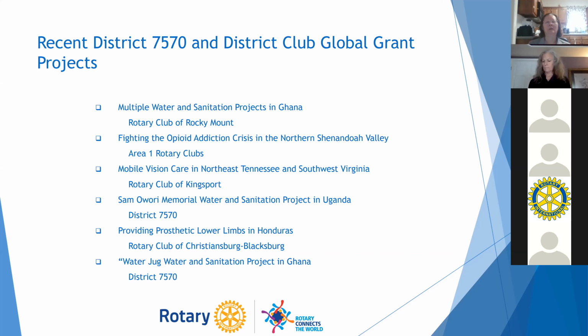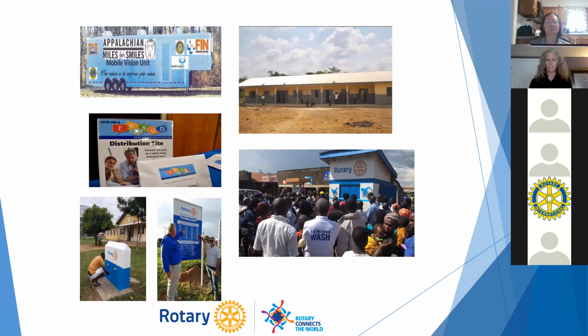The Rotary Club of Christiansburg, Blacksburg, has a very viable lower limb prosthesis project ongoing in Honduras. And you may recall the water jug project in Ghana was one that the district clubs helped with quite significantly with funding over the past year. And that project is underway as well.